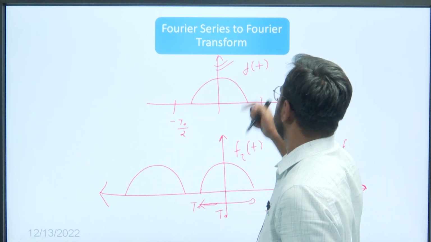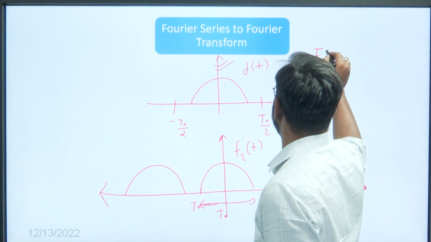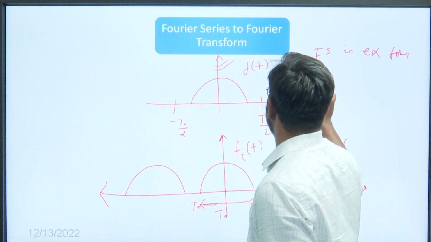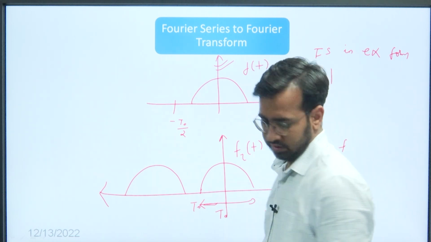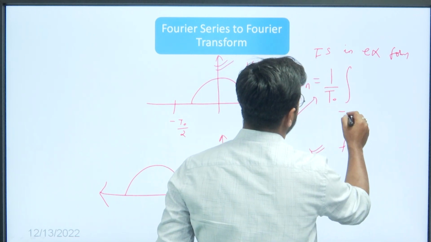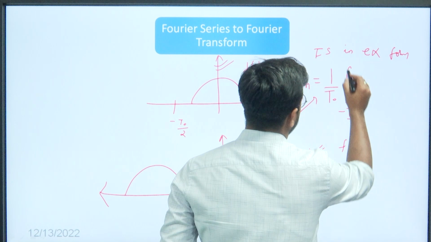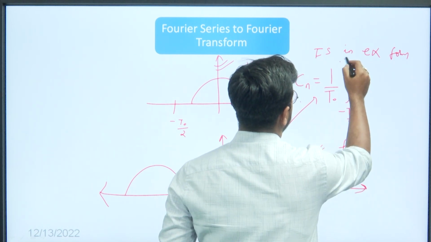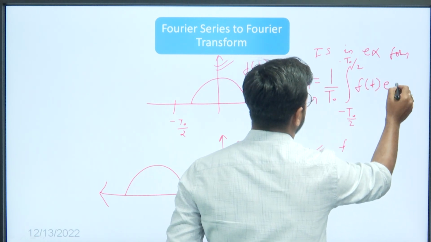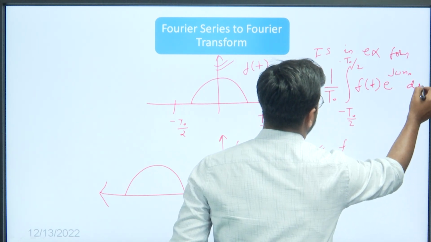See how. If you want to write the Fourier series in exponential form, how will you write Cn? Cn is equal to 1 upon T naught, times the integral of f(t) e to the power minus j n omega naught t.